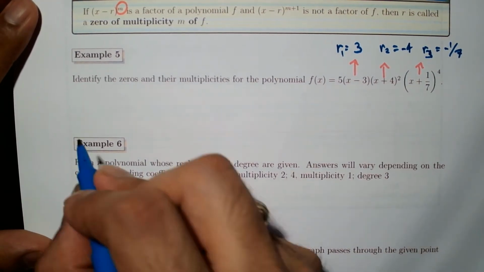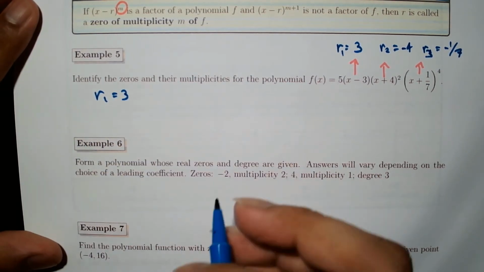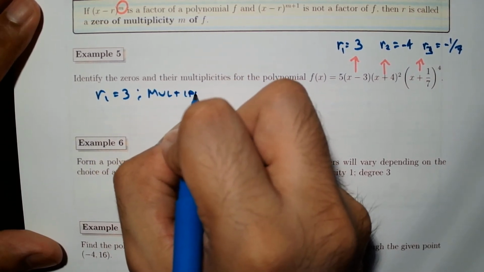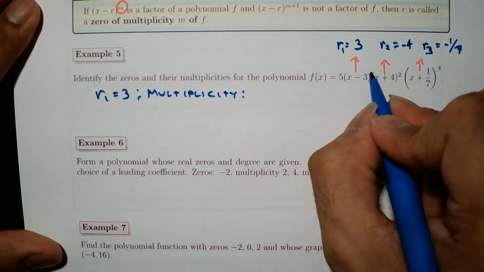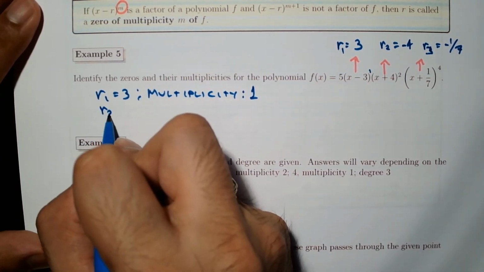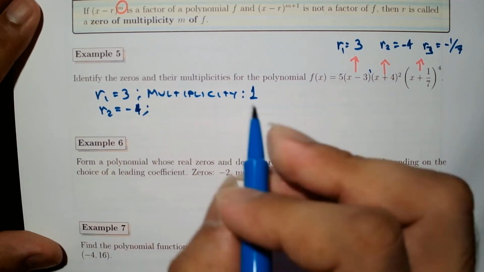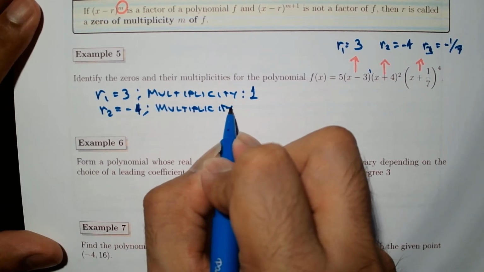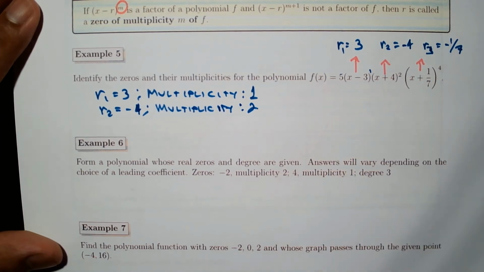Now, r1 equals 3, and that's one of the zeros, and the multiplicity is 1 because I have an invisible 1 power. r2 equals negative 4 is of multiplicity 2, because 2 is the power of it.